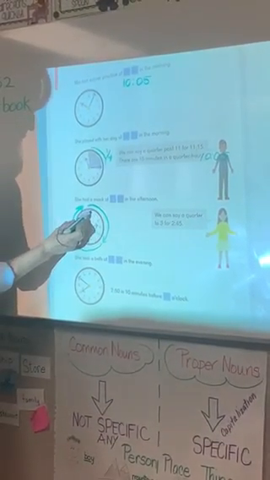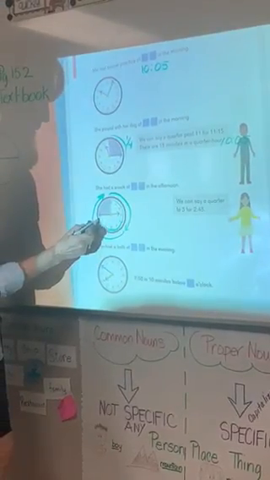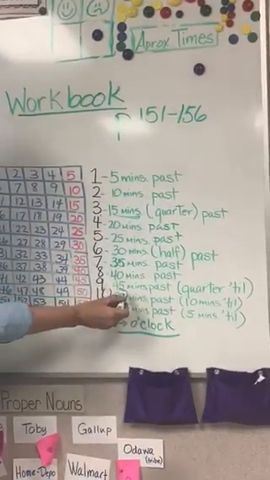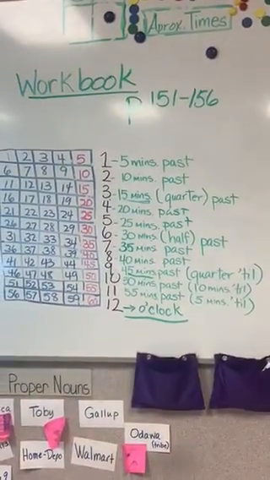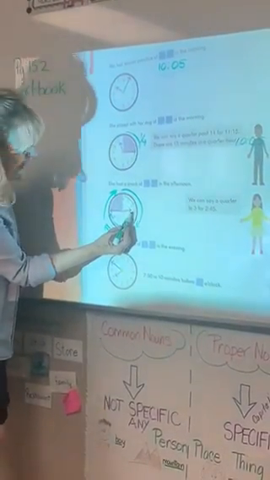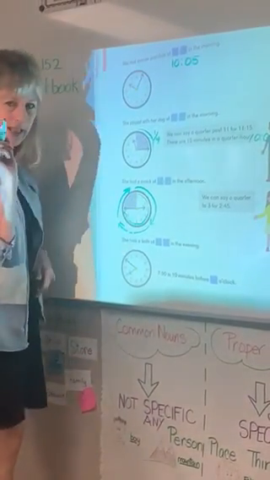If it started at 12, that means it's come all this way, which is number 9. How many minutes past the hour? It's 45 minutes past the 2, not the 3. It looks like it's pointing to the 3 because it's almost to the 3. So that's why it's tricky.